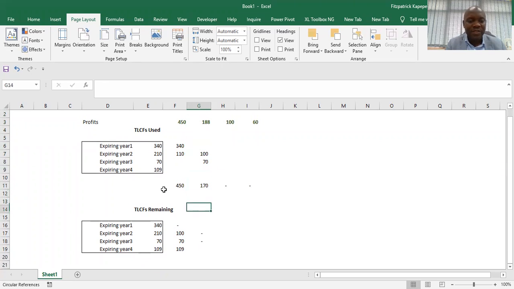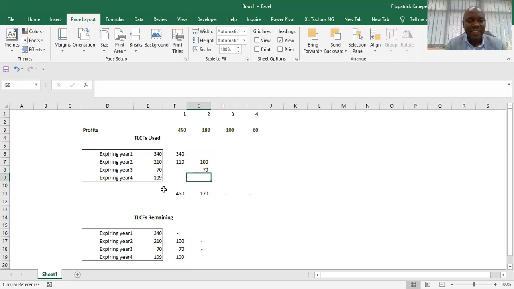So in here, you're going to use the available 100 because it's expiring up to year 4.